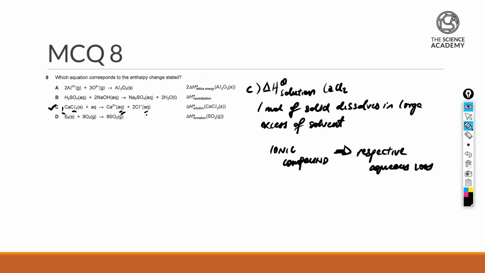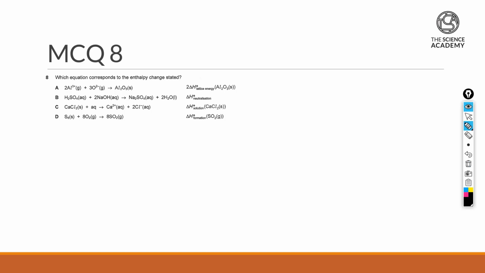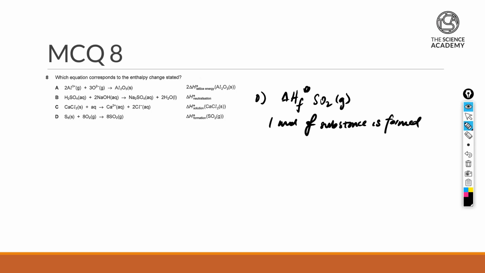But let's just take a look at D to see why this is incorrect. For the case of D, we're looking for standard enthalpy of formation of sulfur dioxide gas. So this is where 1 mole of substance is formed from its respective elements.